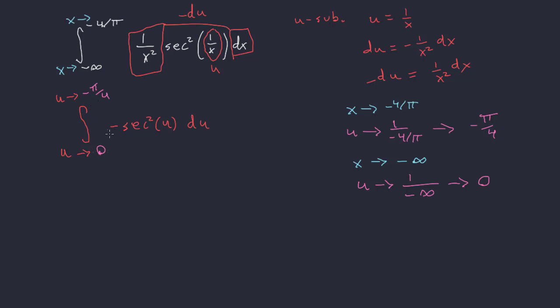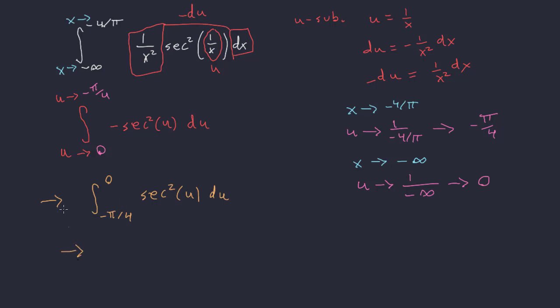So here are our new limits, 0 to negative pi over 4. Now that's a strange way to do this because it's out of order, right? But we also have this property that we can negate an integral to flip its limits. So let's do that. It already has a negative, so I'll negate it again to get this to be negative pi over 4 to 0 of secant squared u du. Now we have an integral that we can actually work with.